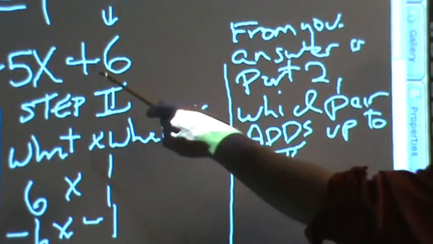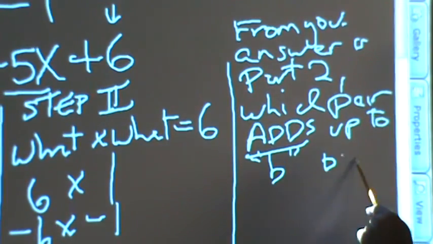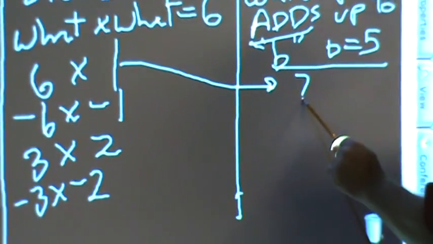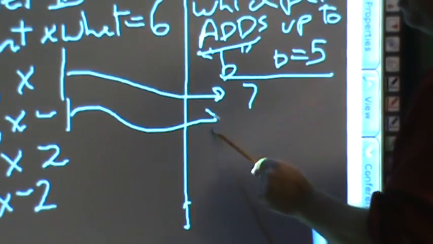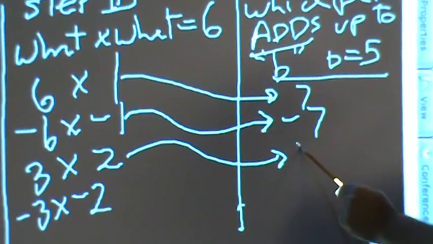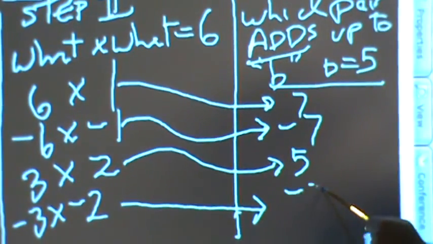And in this case, b happens to be positive 5. Well, let's look. If I add this up, I get 7. I add this up, I get negative 7. I have 5 and negative 5.